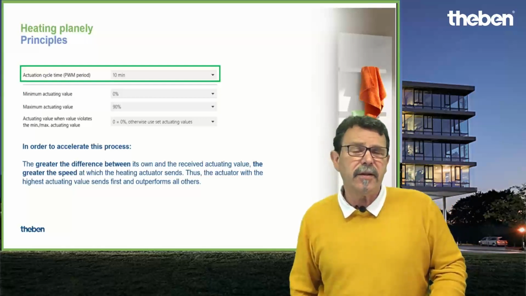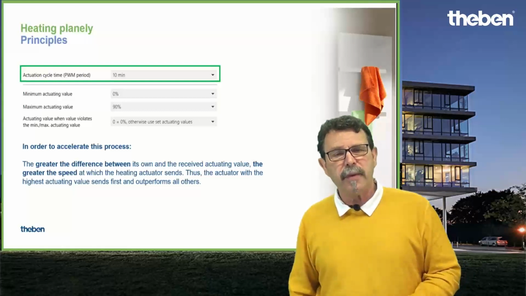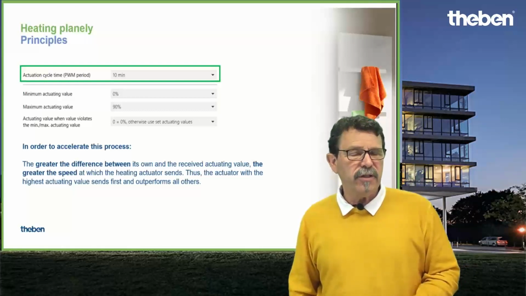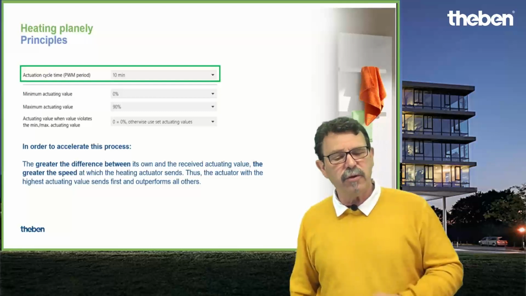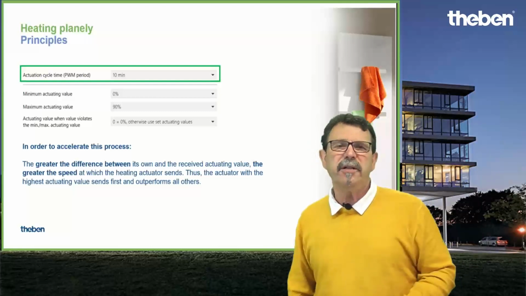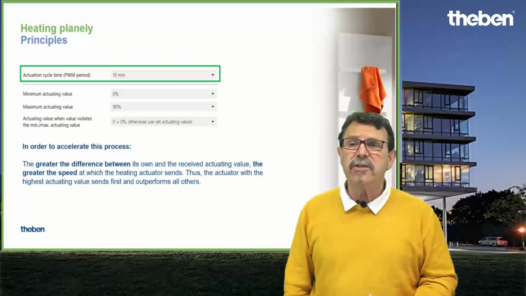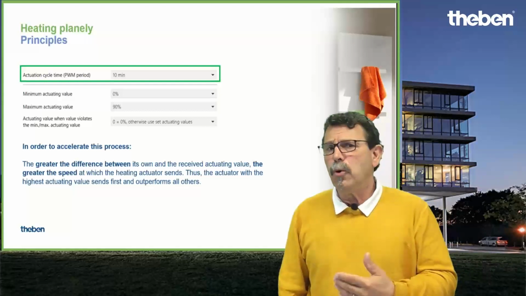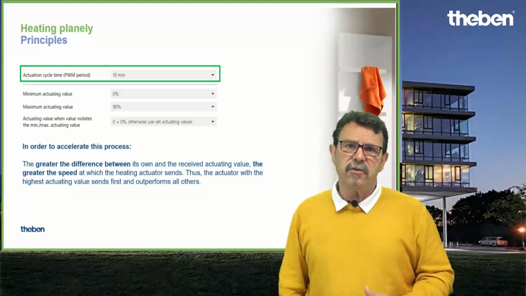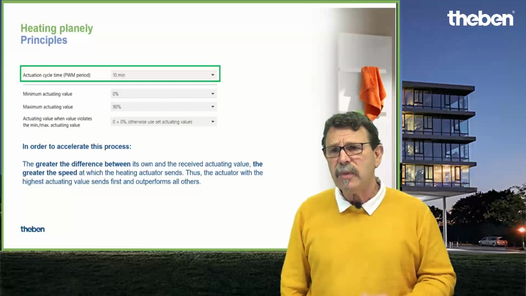Another question is: what kind of control command is to be recommended for the different heating systems? For instance, for underfloor heating, what is to be recommended there? When we talk about heating actuators or heating systems like radiators, what is the best control command to control it really precisely, accurately, and energy efficiently?